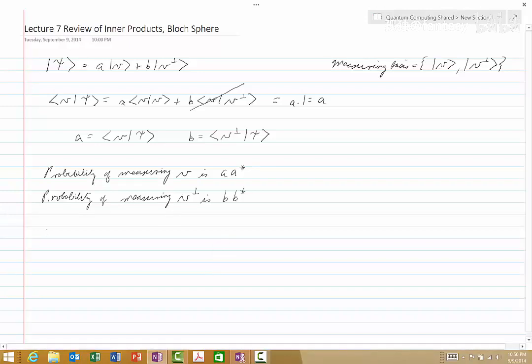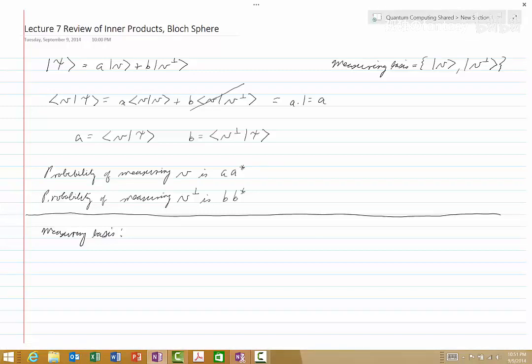So let's look at an example. We're going to say that our measuring basis is the basis. This is in your book.